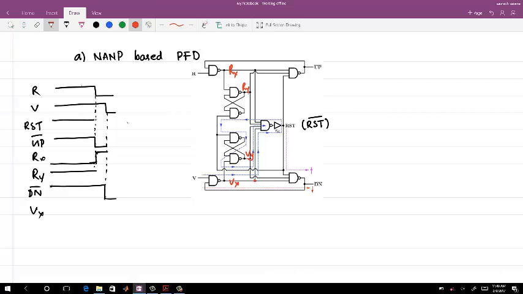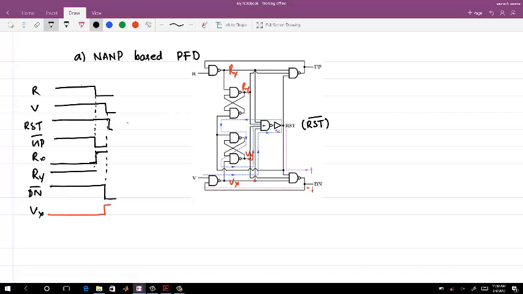And when the Vx node goes high, this is red only. So now you see Rx, Ry, Vx, Vy all are high. Once your V node goes high, the output of the NAND gate will go low. Right. So your reset after some time here goes low.